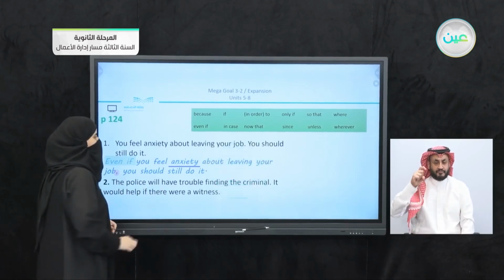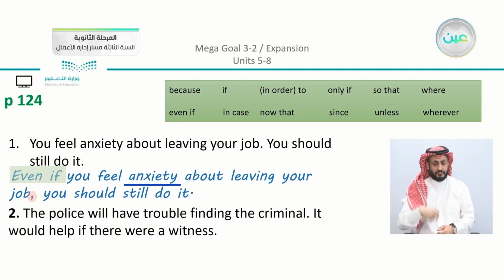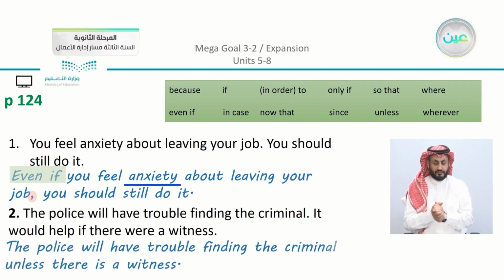Moving on to the second sentence. The police will have trouble finding the criminal. It would help if there were a witness. So here we can combine the sentence by saying the police will have trouble finding the criminal unless there is a witness. So there is a condition here. We used the conjunction unless, and also you can see that we have the word witness.